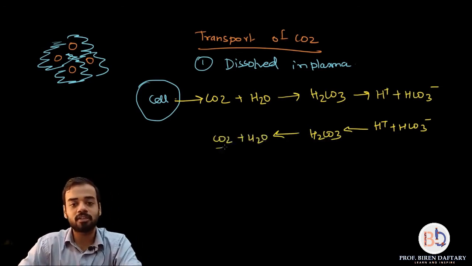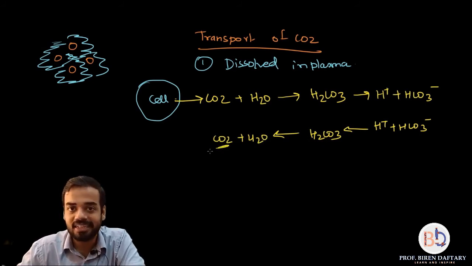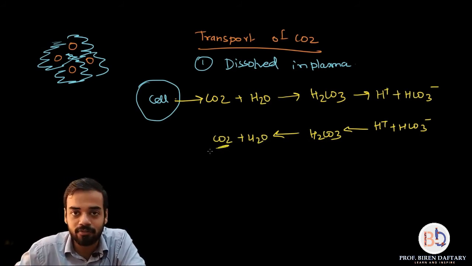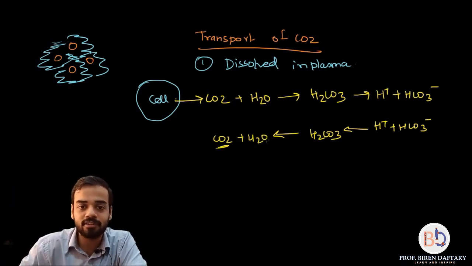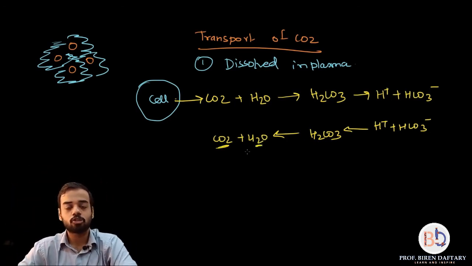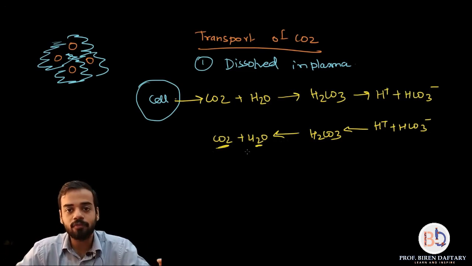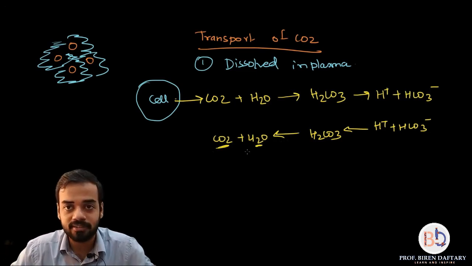And you know that the partial pressure of carbon dioxide in that capillary is 45 millimeters, so it diffuses into the alveoli, and even this water vapor diffuses. So I hope this first part of transport of carbon dioxide is clear.